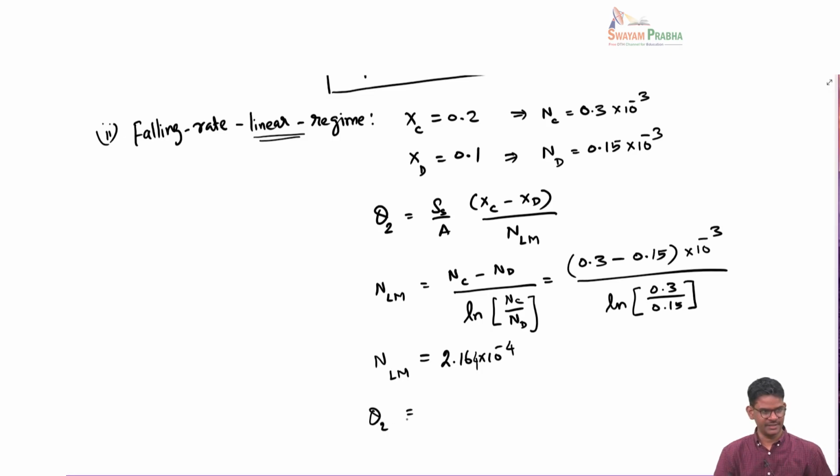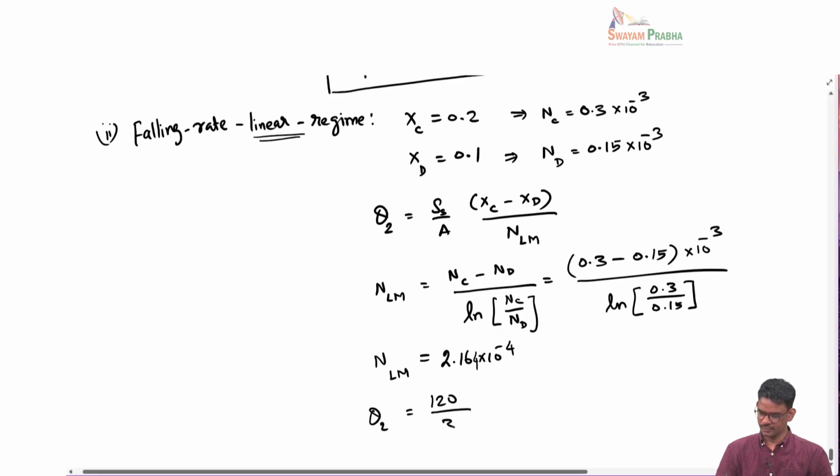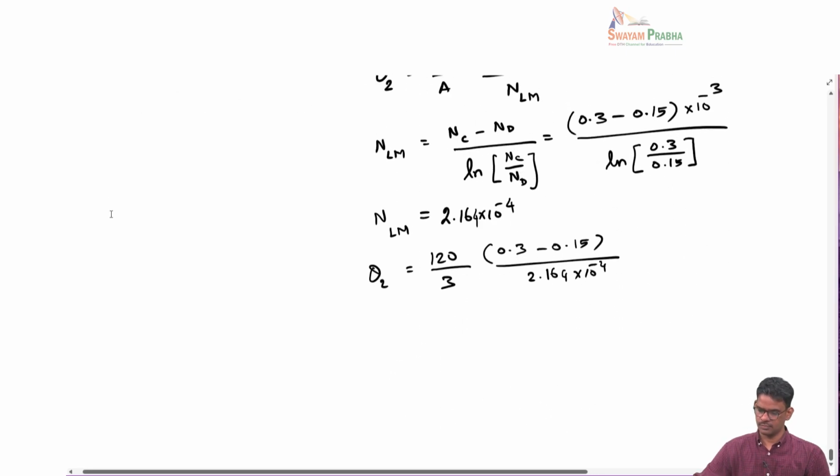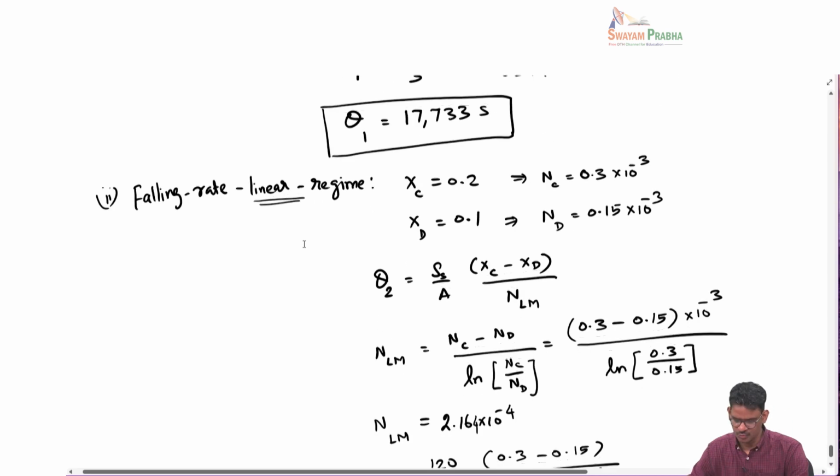Oh, you're telling me the final answer, 18,000. Okay, okay, yeah, close. Yeah, this is 0.2 to 0.1, right?